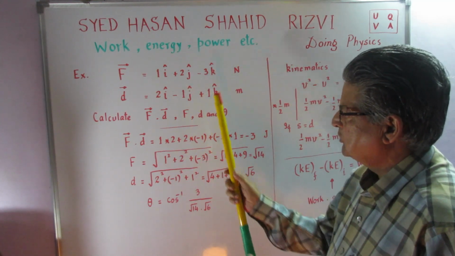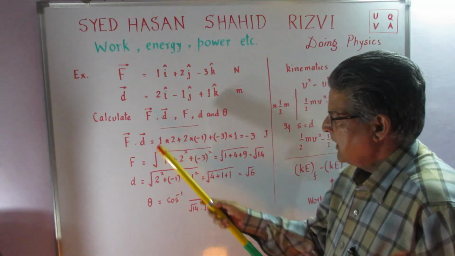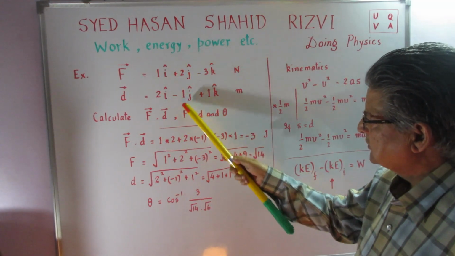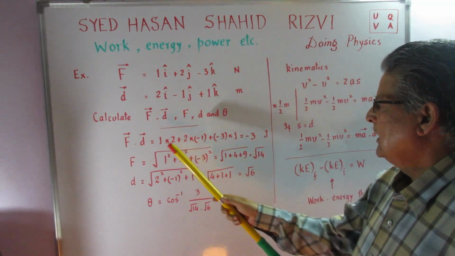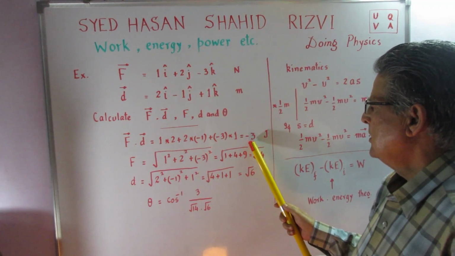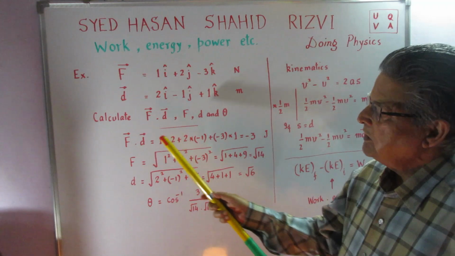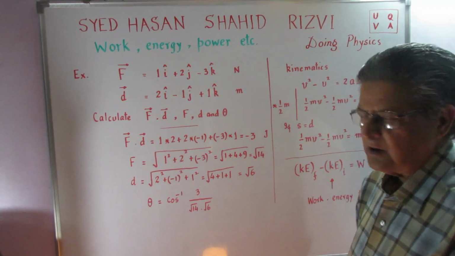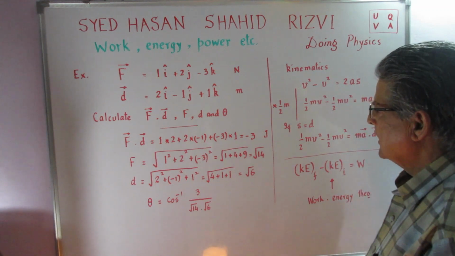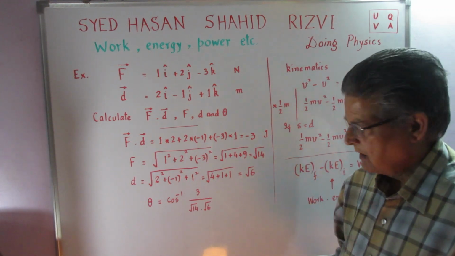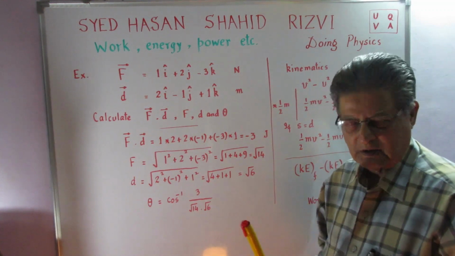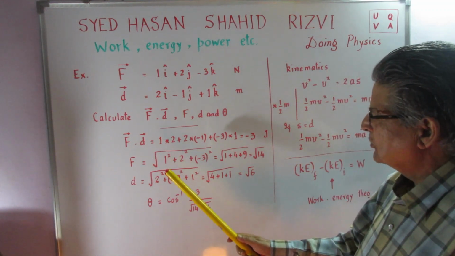If they are not given, you should substitute these values, and then I obtain 1 into 2, this into this, this into this, and I find this to be minus 3, and the unit of F dot D, which is work done, is joules. I'll explain joules and ergs later on in due course of time.